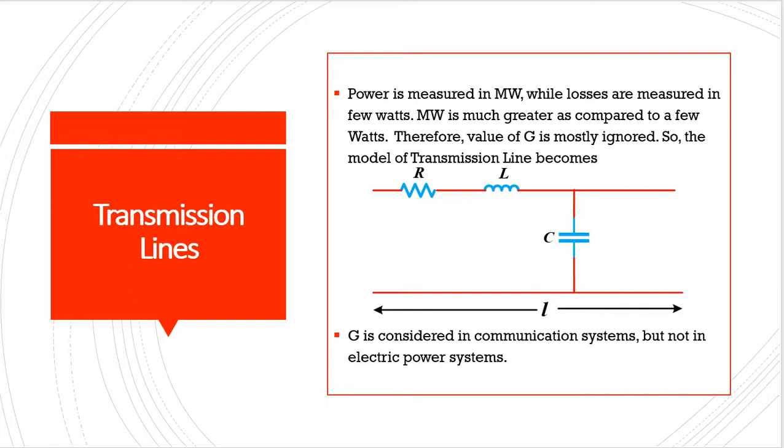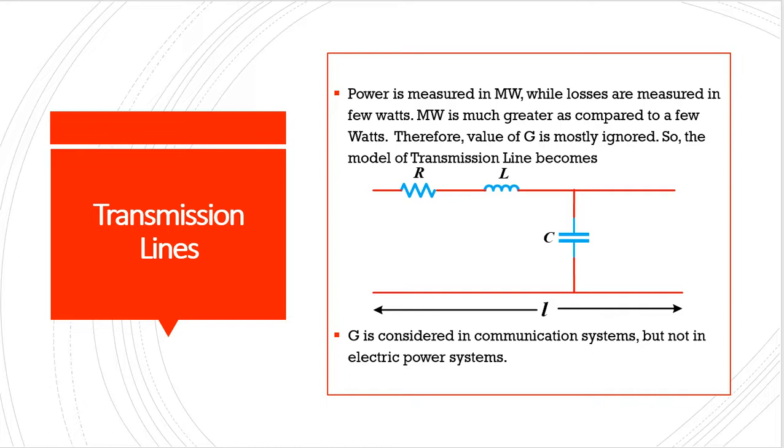That's why we usually ignore the value of G, and so the model of the transmission line becomes just like this, where we have resistance and inductance in series, whereas the capacitor is in shunt connection. This model exists for a per unit length of a transmission line, and this per unit length is represented by L, as shown below the figure, right.